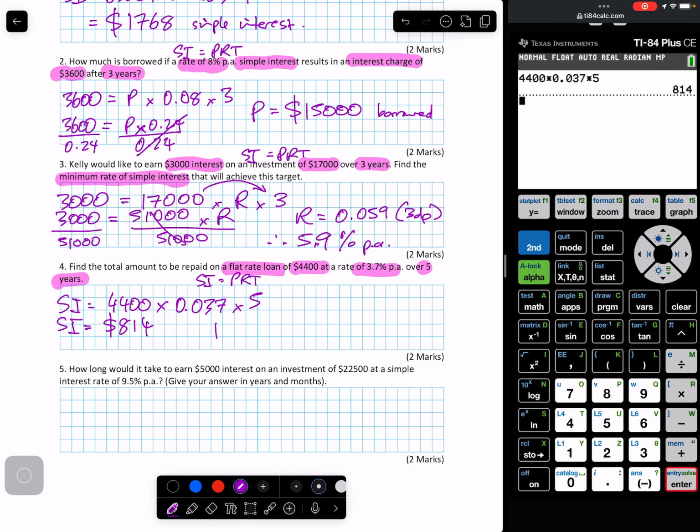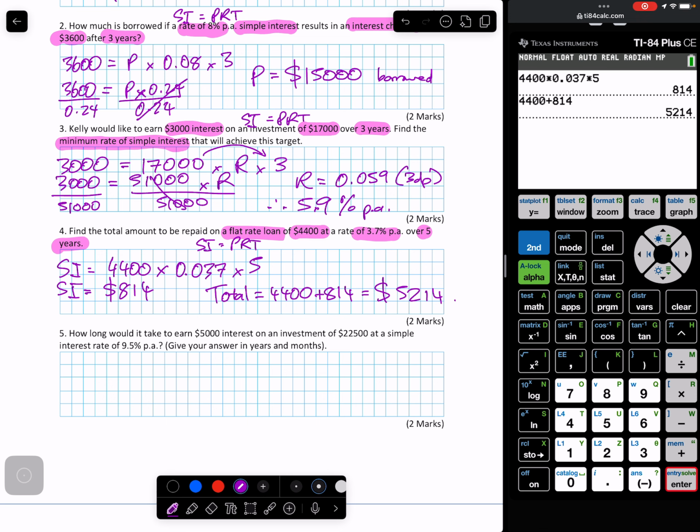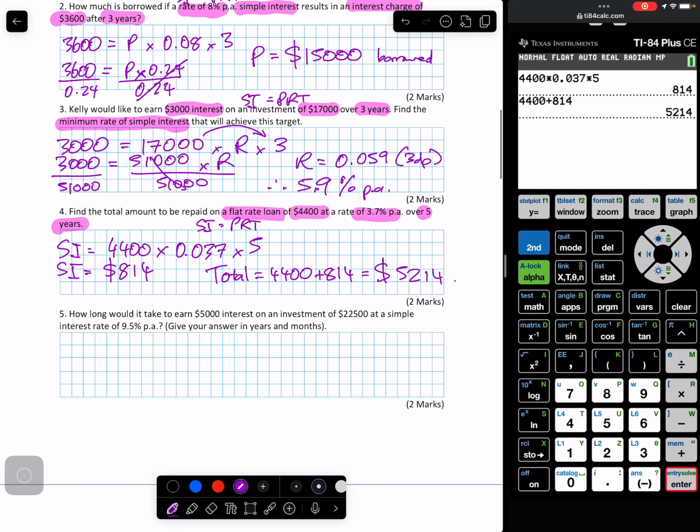So the total is going to be 4,400, what you borrowed in the first place, plus the cherry on top, which was 814. So 4,400 plus 814, 5,214 total.